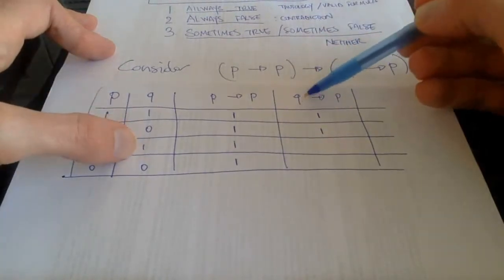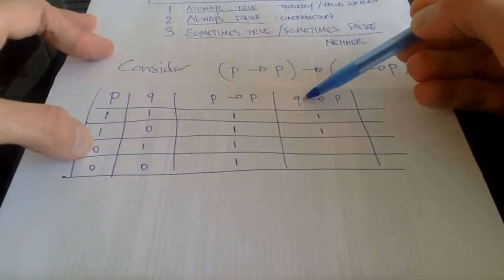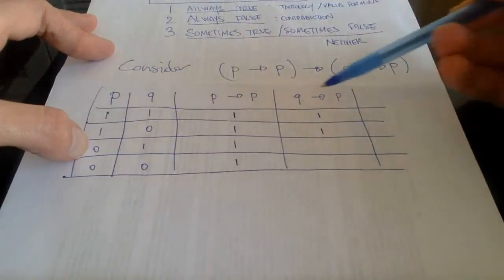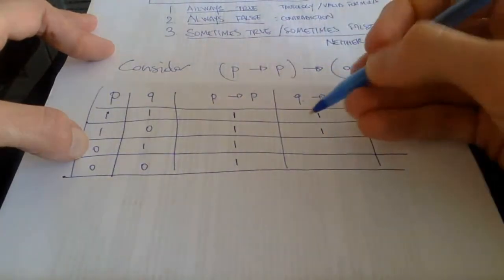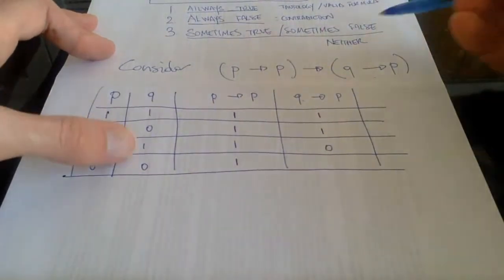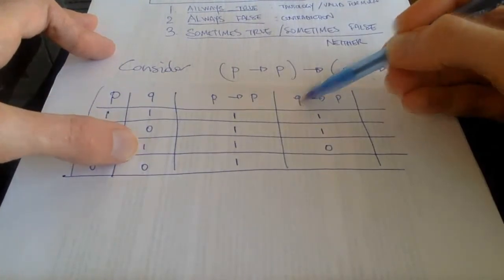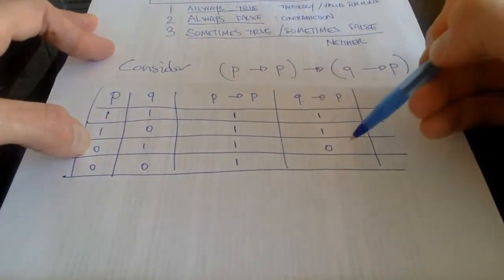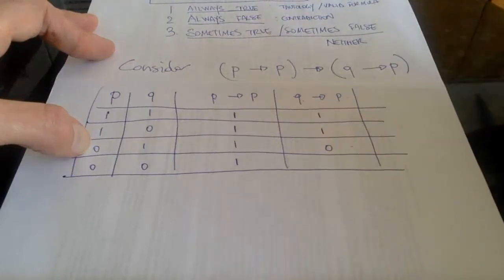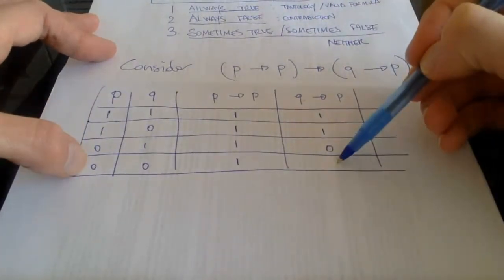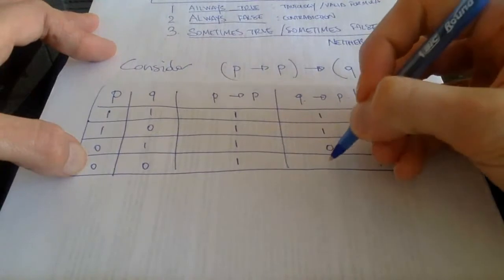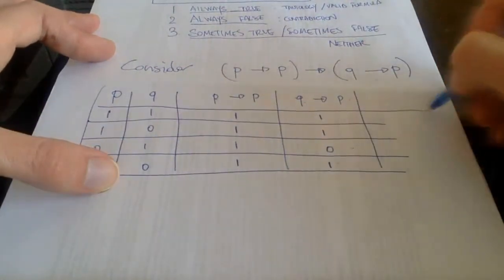If Q has value 1, but P has value 0, then Q implies P has value 0, because Q has value 1, P has value 0, therefore the whole implication has value 0. And then both of them have value 0, therefore the whole implication has value 1.